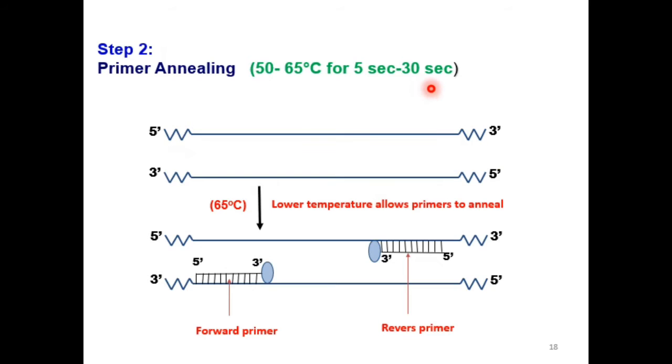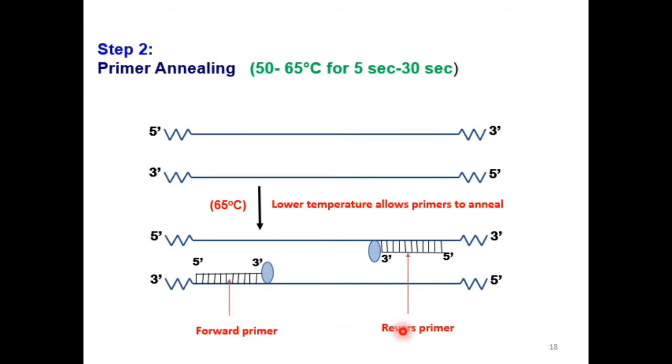The second step of PCR is the primer annealing. In this step, we need 2 short sequences of DNA, which are called primers, that I explained at the beginning of the lectures. We have the forward primer, which will stick or anneal to 1 DNA strand at the beginning of the sequence that we want to amplify.